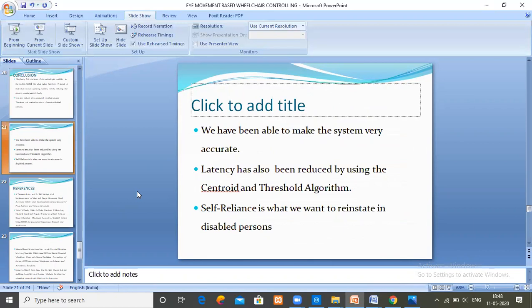It will roll back to its same position if it is in an abnormal state. In that case, we use the word reliance. Self-reliance is what we want to reinstate in the disabled person. That means if it is in an abnormal place, it will come back to the normal place. That is the meaning of self-reliance.